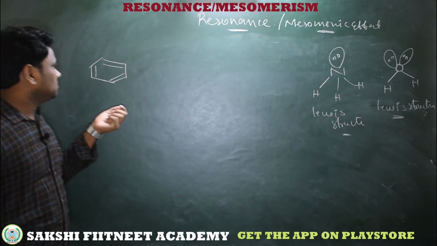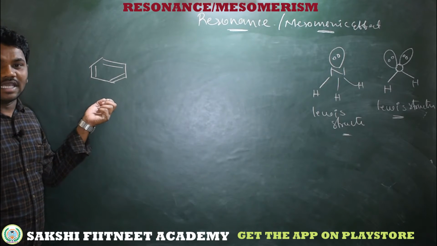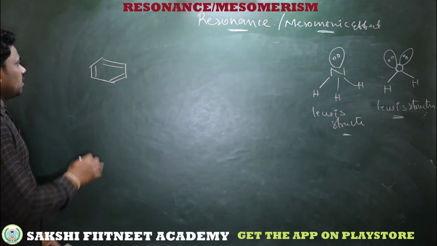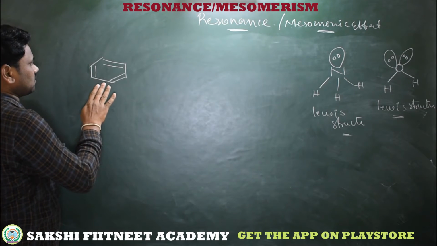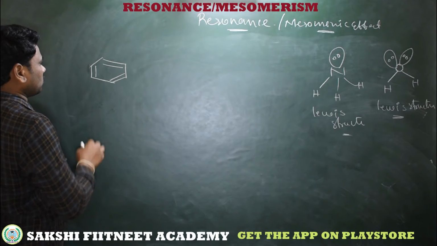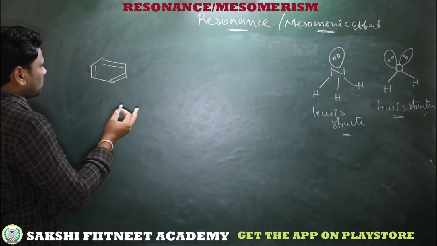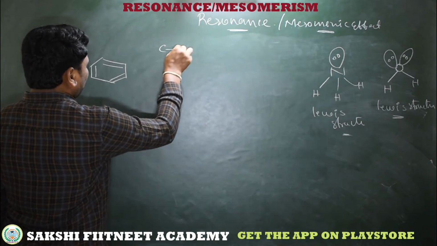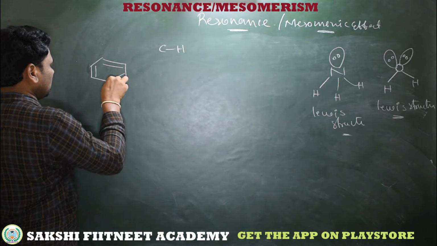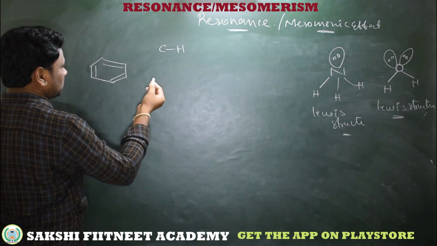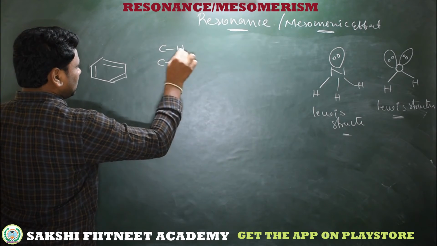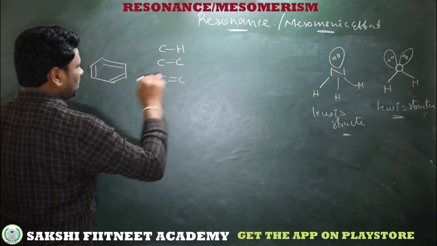But coming to here, this compound does not give a single Lewis structure. For example, if this cyclic compound is fixed in this manner, it is a 6-membered cyclic compound having alternate pi bonds. This gives one type of carbon to hydrogen bonding: carbon to hydrogen, six times. And then carbon to carbon single bond type and carbon to carbon double bond type.